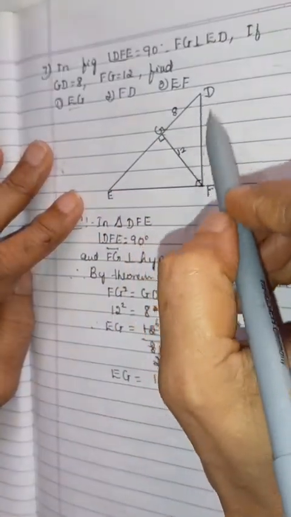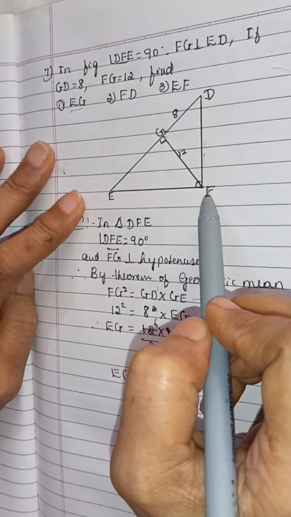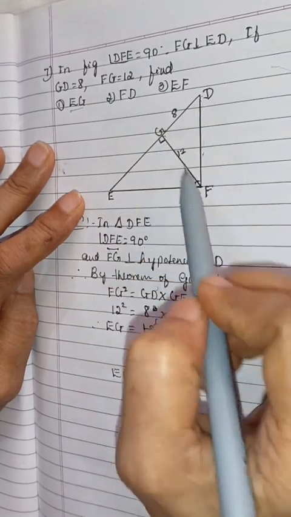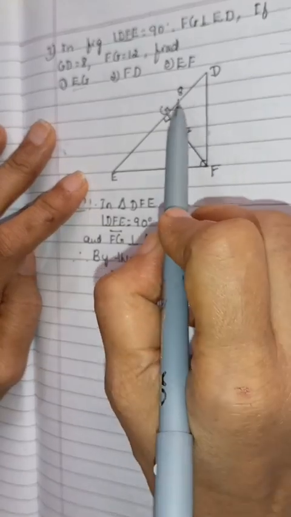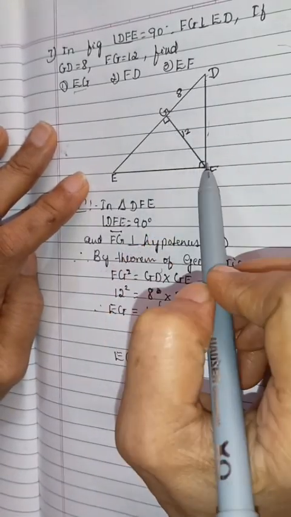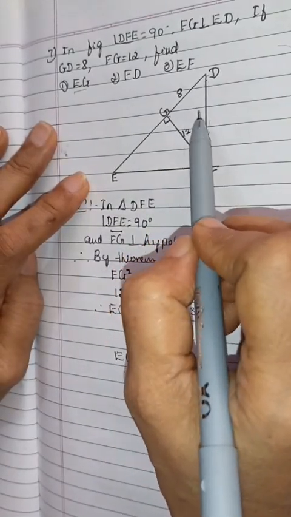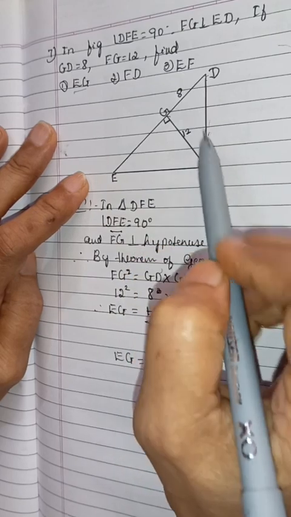We have to find out FD now. So in triangle DGF, we know GD and GF. We can use Pythagoras theorem in this, so that we can find out FD.